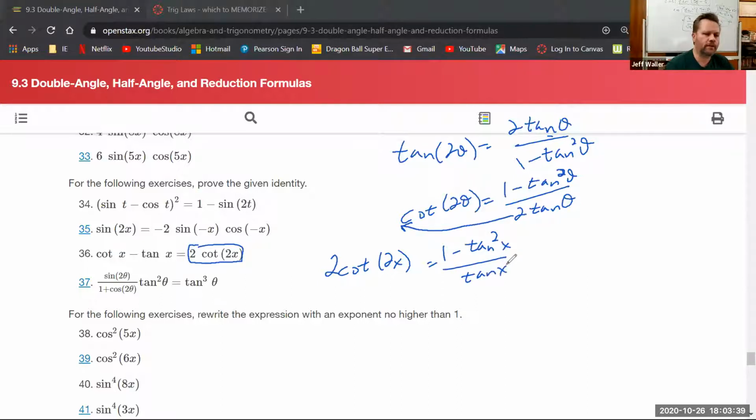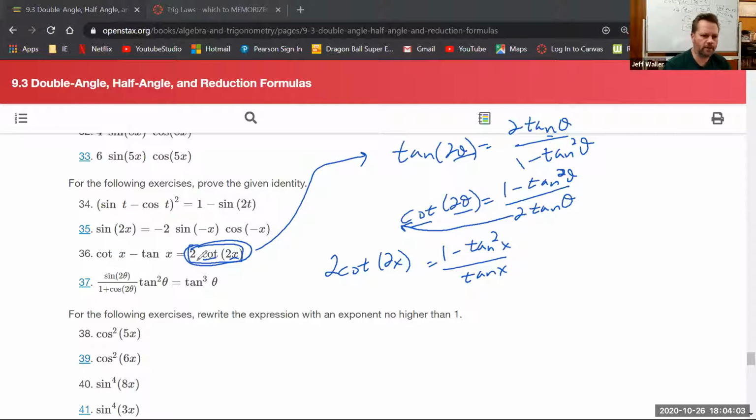Do you see how I did that? I want cotangent of a double angle. I got tangent of a double angle, which means I have cotangent of a double angle. Then I look to see how I can rewrite this. I didn't do this problem before class started, so when I first looked at it, I didn't immediately know what to do.